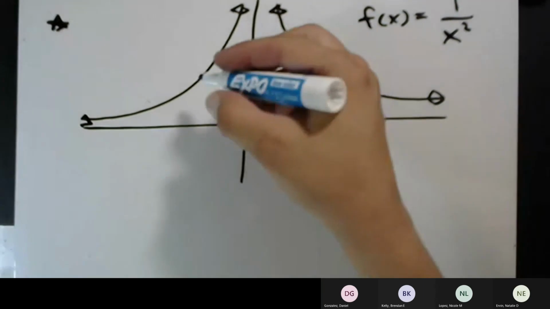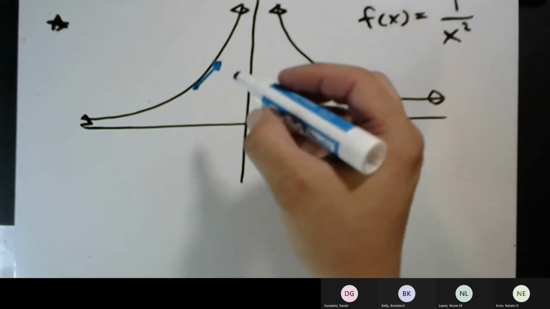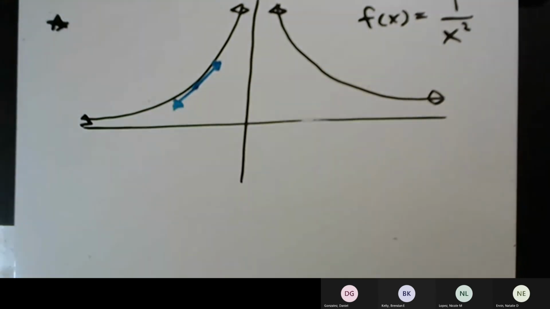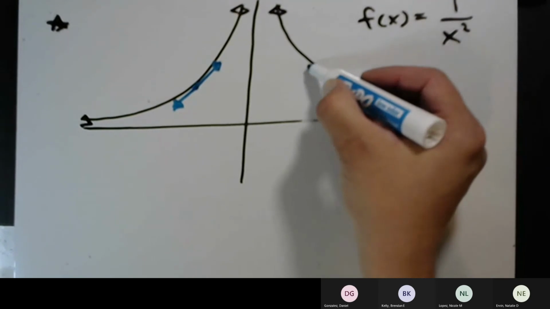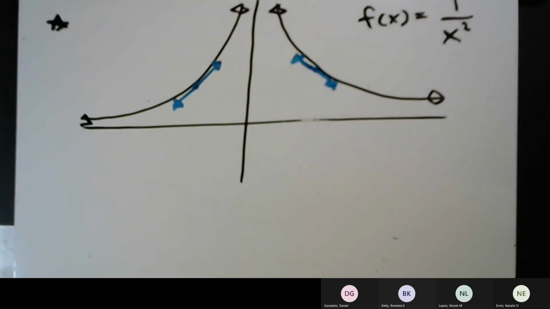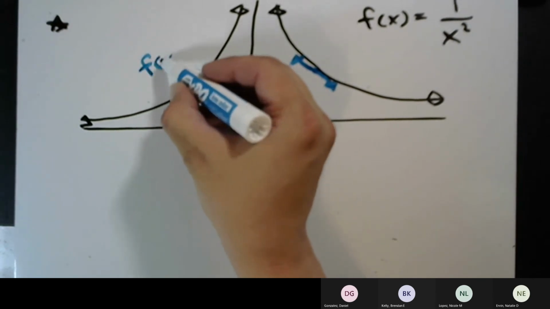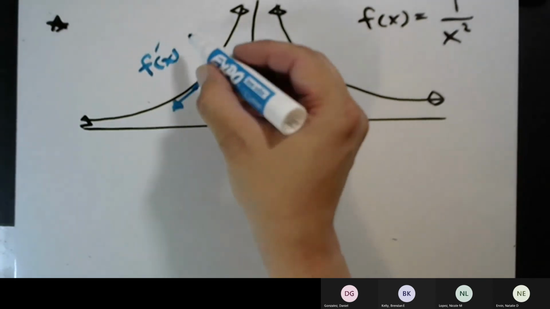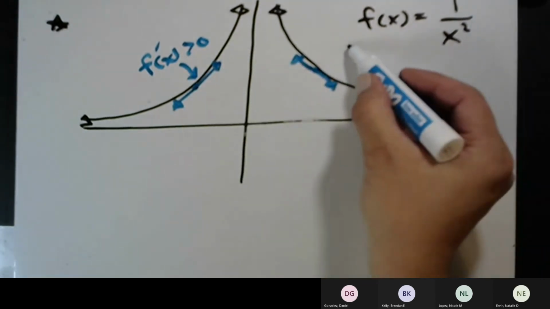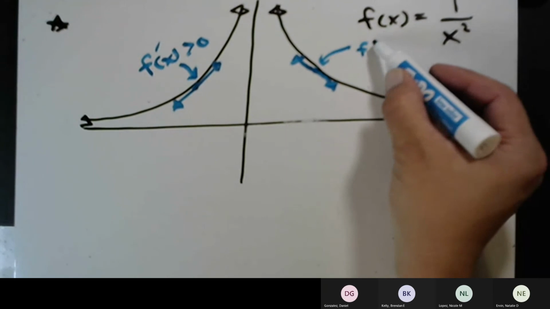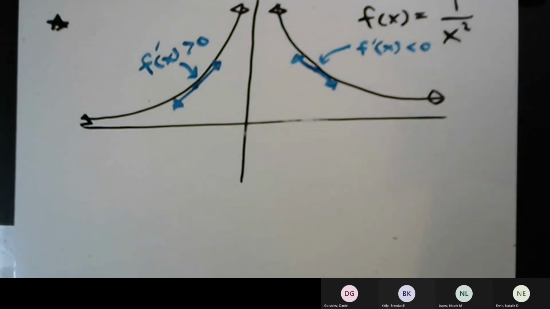If we take a look at the tangent lines, here f prime of x is greater than 0, and there f prime of x is less than 0.